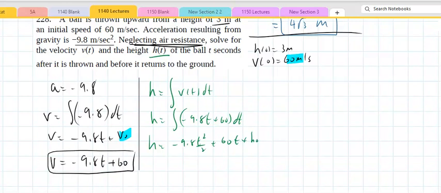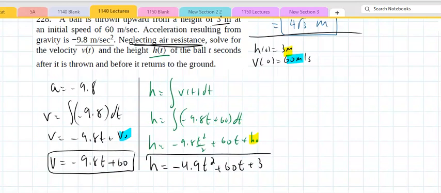But I know what the initial height is. That's 3. So I know that the height is negative 4.9 t squared plus 60t plus 3. That tells me the height at any given time after it has been thrown. And that's pretty much it for this section.